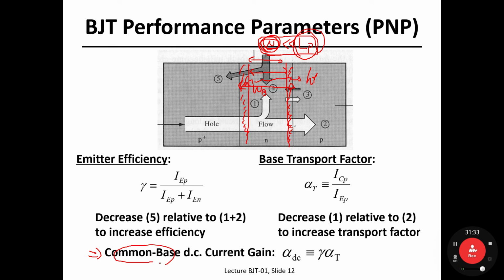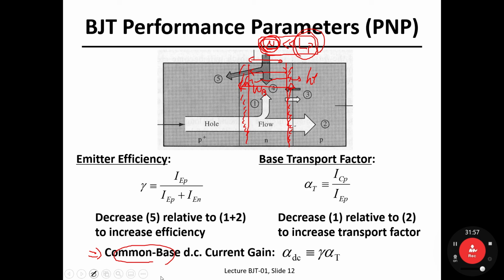Yes, for input signal and output signal. In the case of PNP BJT, the input voltage would become the voltage difference between emitter and base. What about the output voltage? Yes, the voltage difference between collector and base.